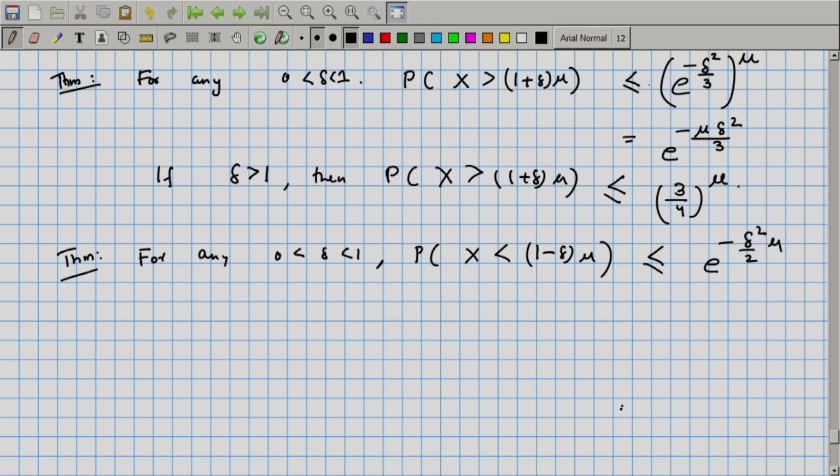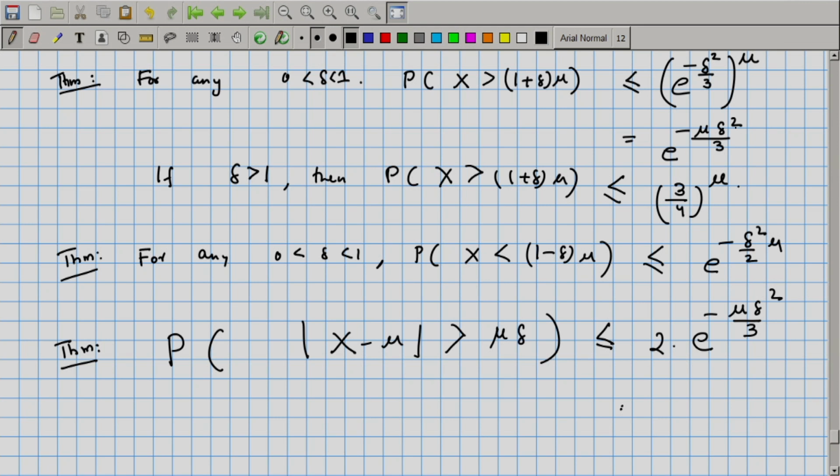So, we can combine these two theorems and say the probability that x minus mu is greater than mu times delta is going to be less than 2 times e raised to minus mu delta square by 3. Okay. We take the smaller or larger of these quantities.